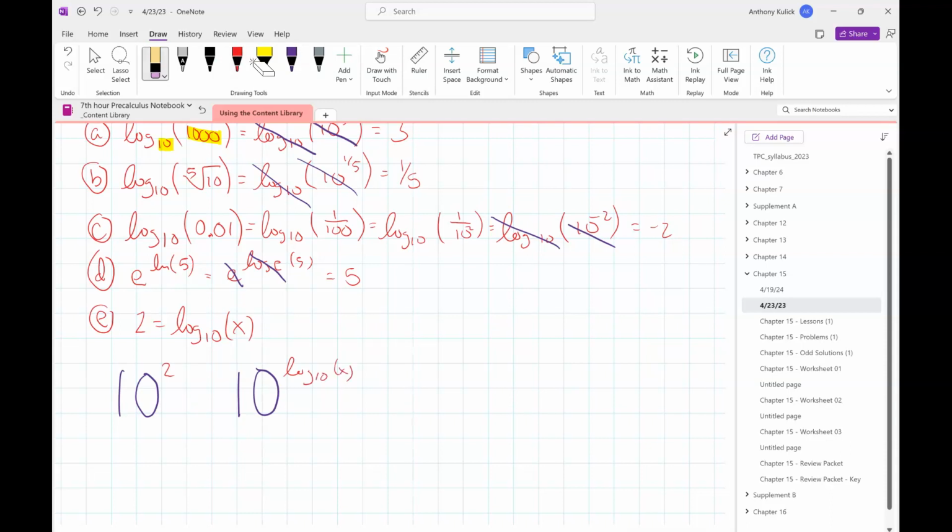I know that looks pretty silly with how big that 10 is, but I really want to emphasize that you're not multiplying both sides by 10. The left-hand side becomes 10 to the second, and the right-hand side becomes 10 to the log base 10 of x. Again, exponent base 10 cancels the log base 10, so we're left with 10 squared is x, or x is 100.